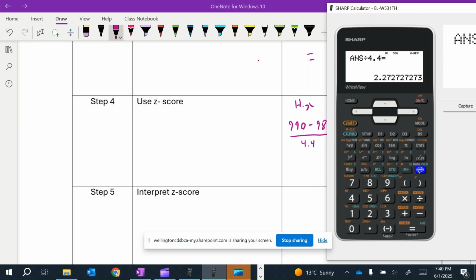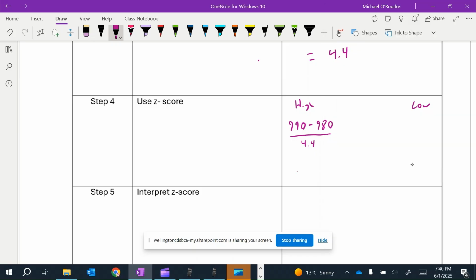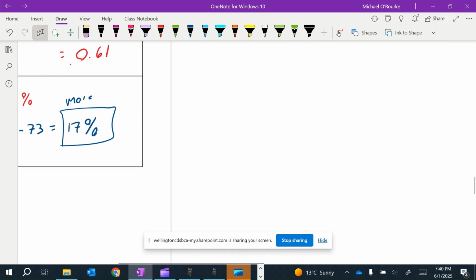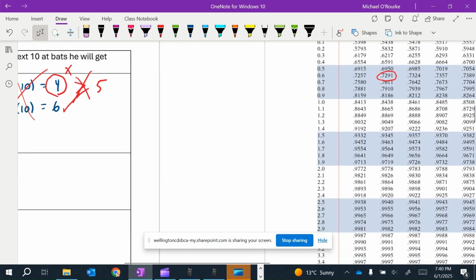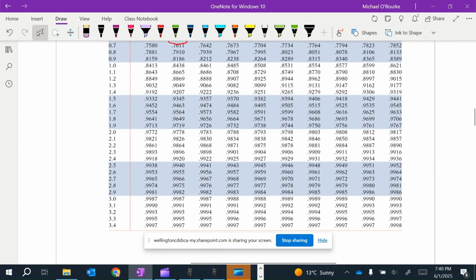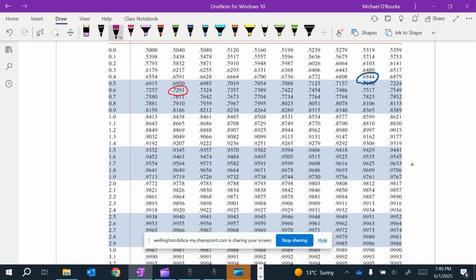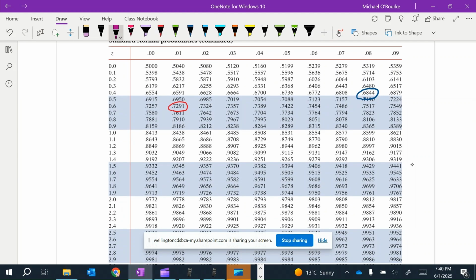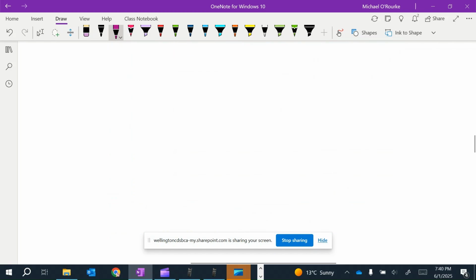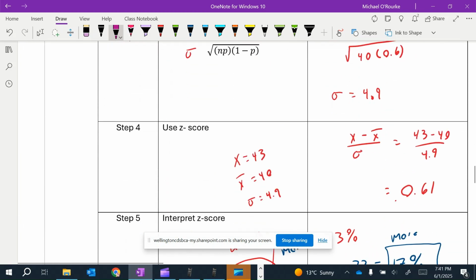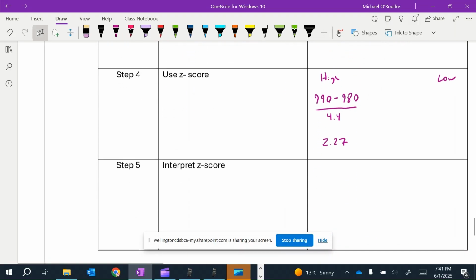It's going to be 2.27. And that on my z-score is 98.84%. Okay.